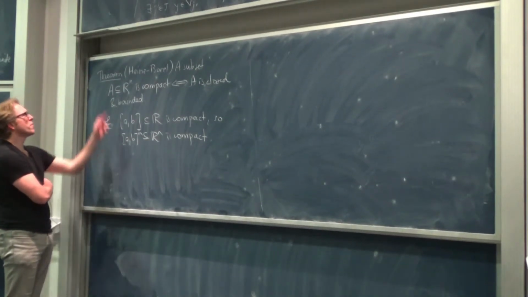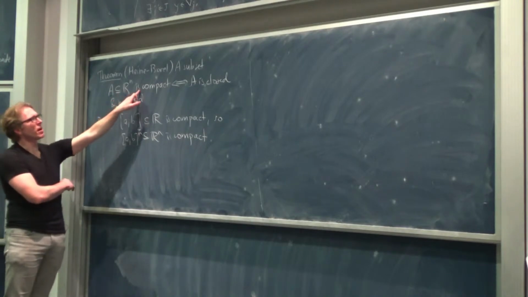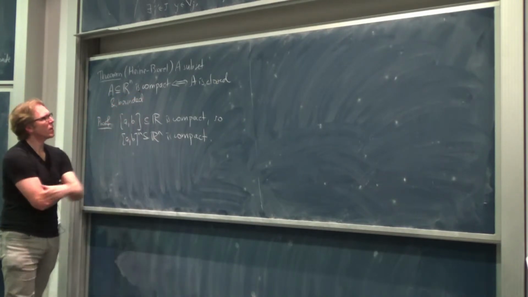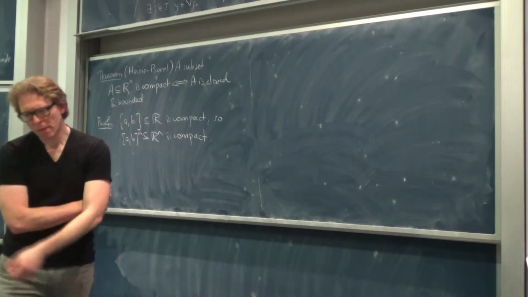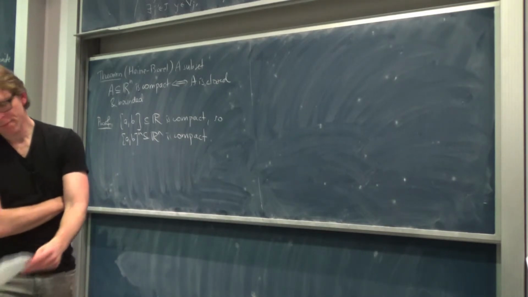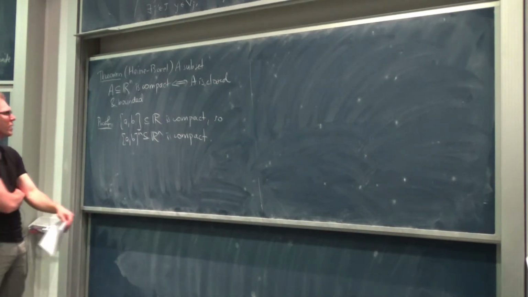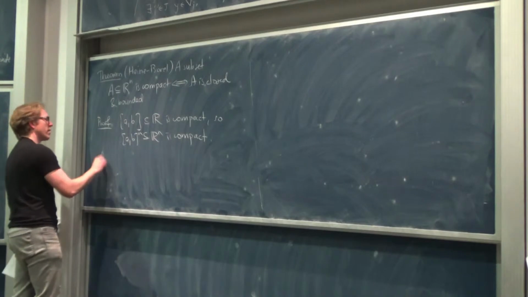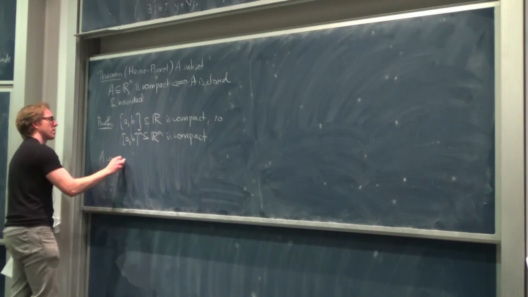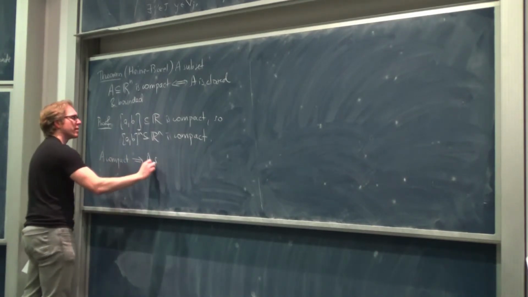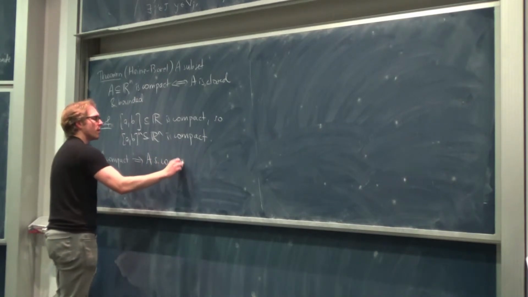All right. So if the subset A is compact, A compact implies A sequentially compact.